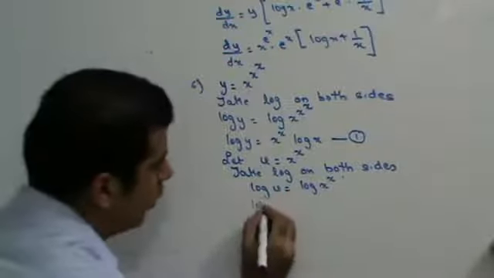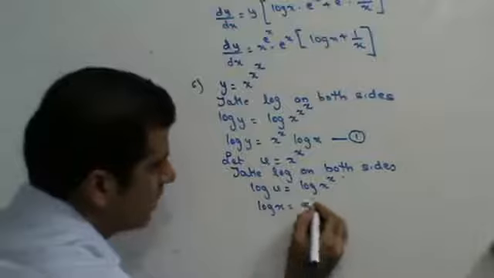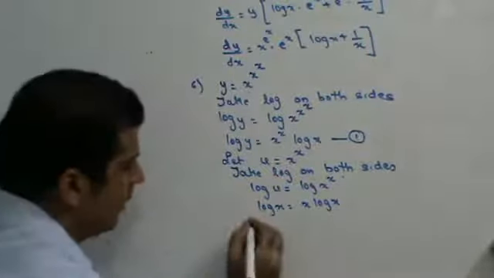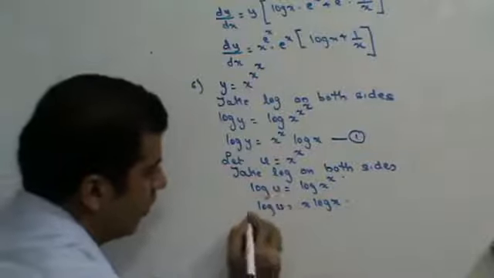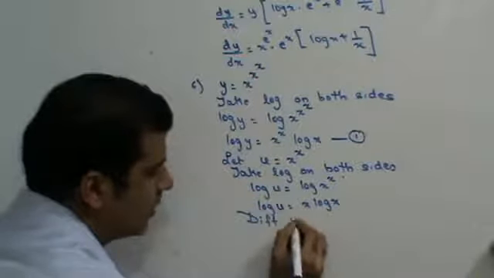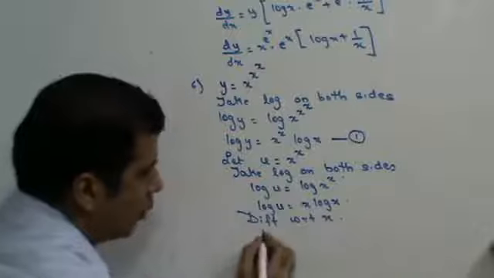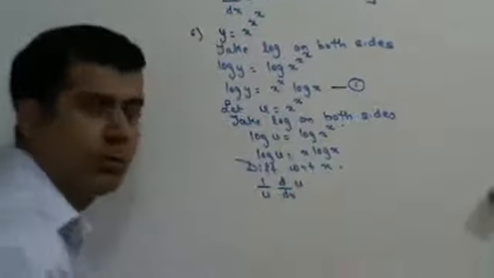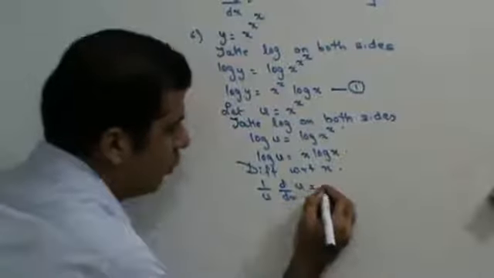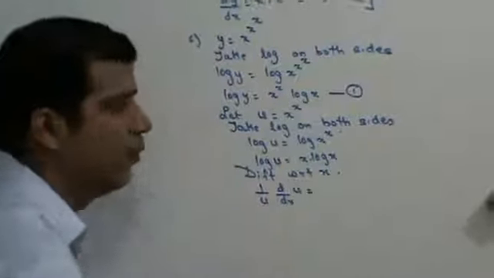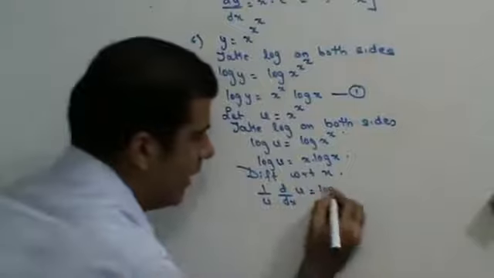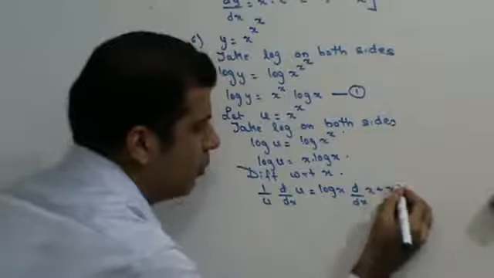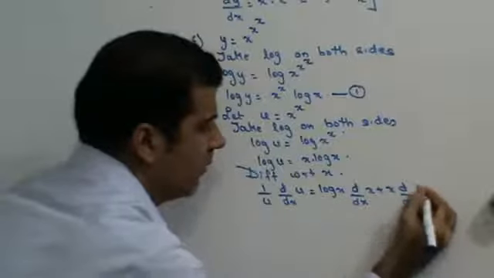So you will get log u is x log x. Fine. Now differentiate with respect to x. So log u will be 1 upon u d by dx of u is equal to, here uv formula, v derivative of u plus u derivative of v.